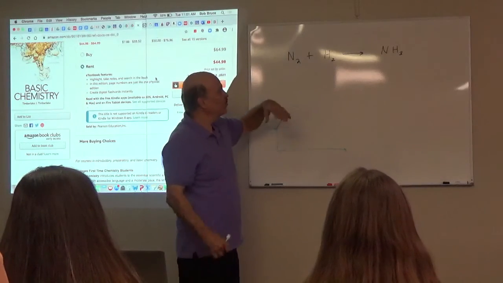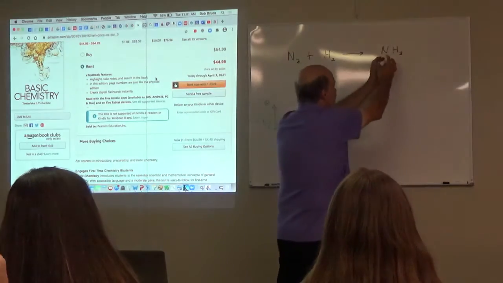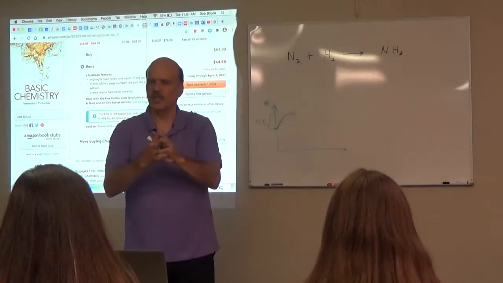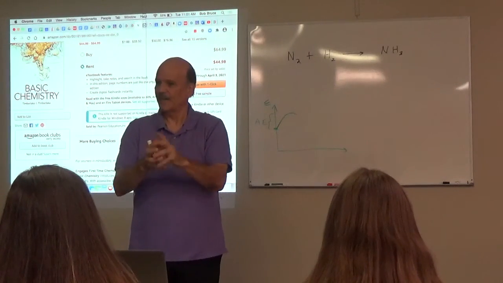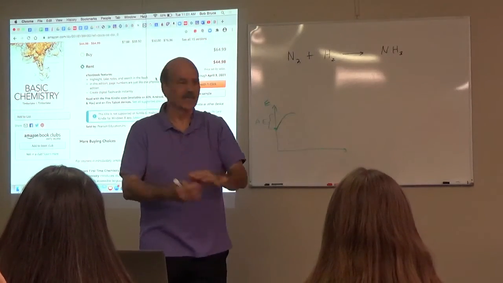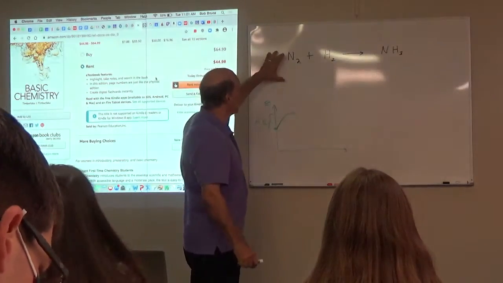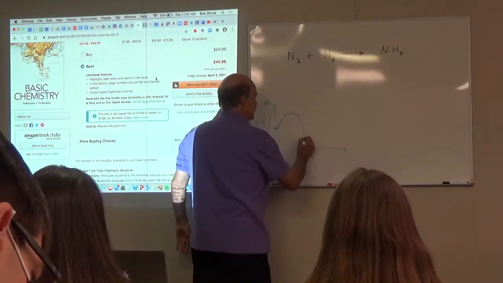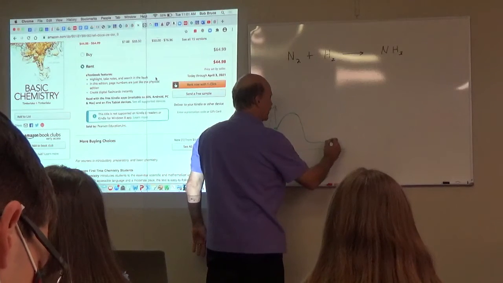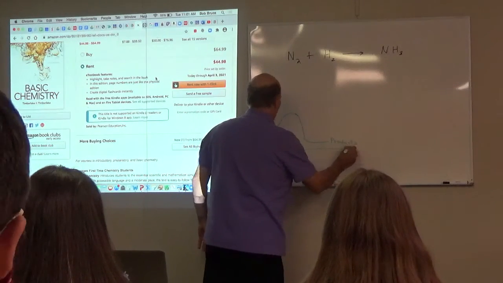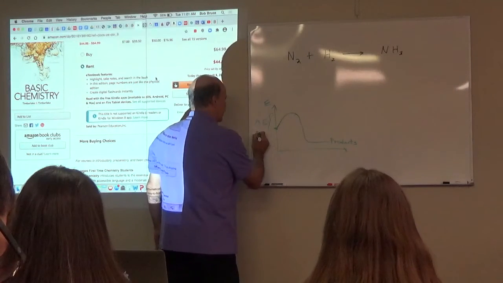And that's why, if we look at the amount of energy over time, you'll see we start in this state. You do something like this, and this distance right here is called the activation energy. Remember we talked about that before? That's the energy needed to break those bonds. Now, when they form new molecules, they may be much more stable as ammonia, and it may give off more energy when it forms new bonds than you had to put in to break these bonds. It takes energy to break them, and if it releases more energy, it might end up right here. Here are your products, and your reactants are right here.